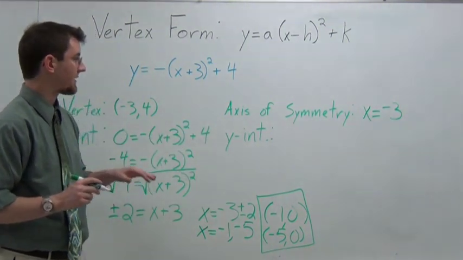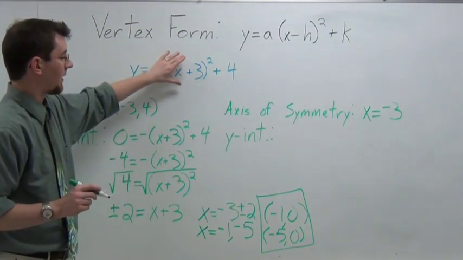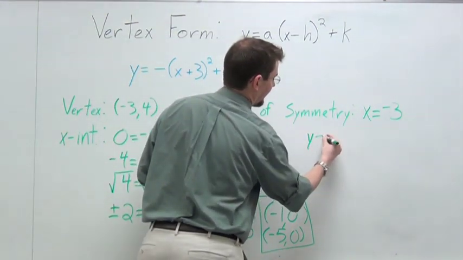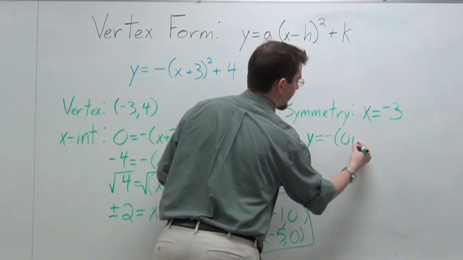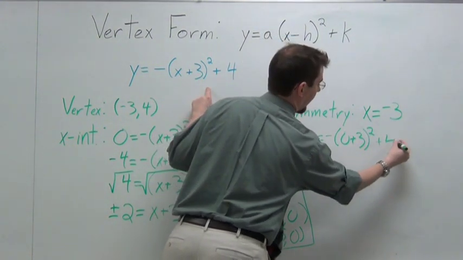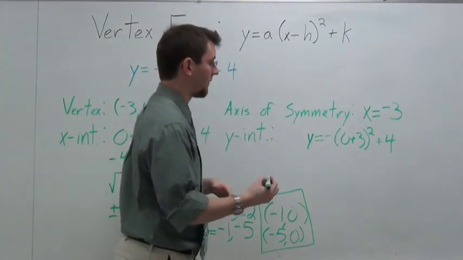Now for my y-intercept, this one's a little bit easier. All you have to do is set x equal to 0. So basically here I've got y equals negative 0 plus 3 squared plus 4.